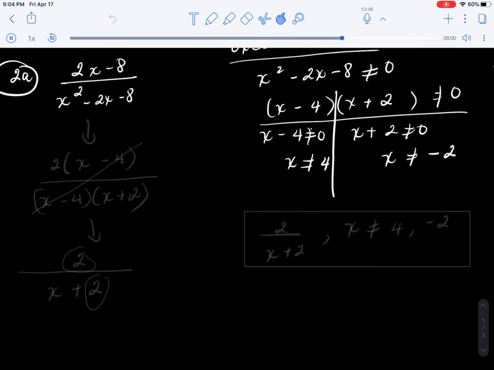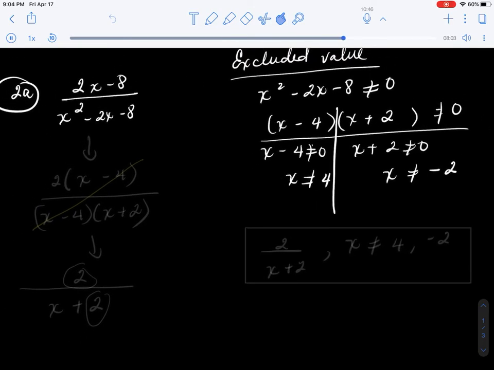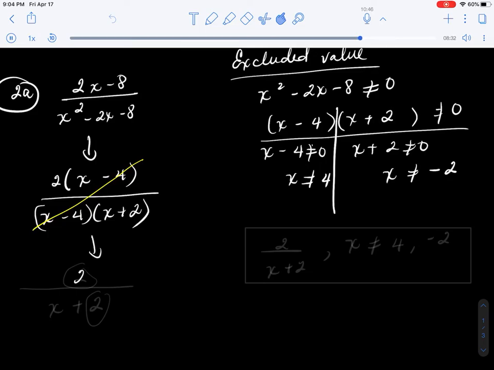Now let me simplify. So I'm going to have 2 times x minus 4 over x minus 4 times x plus 2. I'm going to cancel out. Remember I said what you do on the top, you have to do on the bottom. So I cancel the x minus 4. That is their GCF. So I'm going to have 2 over x plus 2.